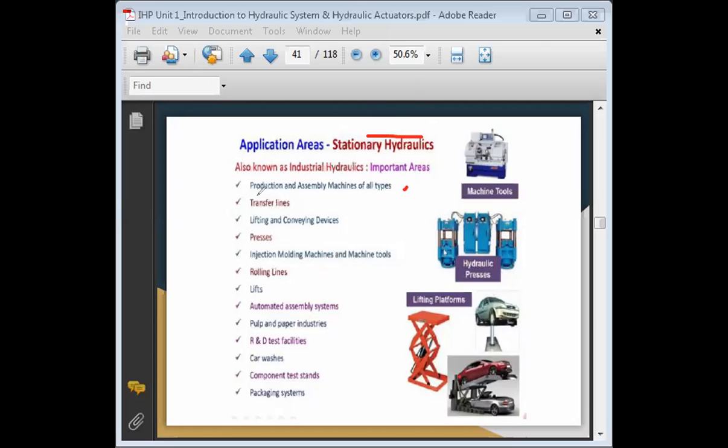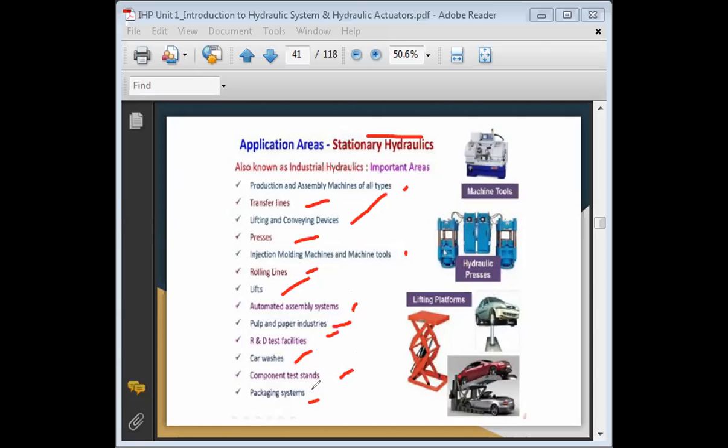Another area is the transfer line, then lifting and conveying devices, then presses, then injection molding machines and machine tools, then rolling lines, then lifts, then automobile assembly systems, then pulp and paper industry, R&D test facilities, research and development test facilities, then car washes, component test stands, then packing systems, and many more applications are there. So just some of the important areas I have mentioned here.